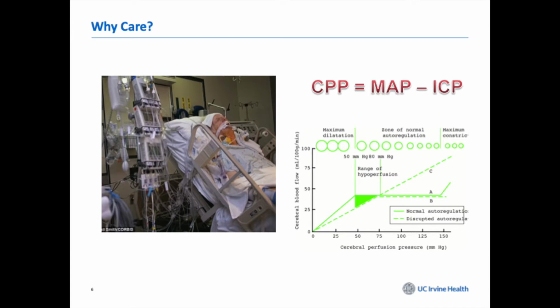So over a range of perfusion pressures, you have a stable blood flow getting to the brain. So when we stand up, our blood pressure drops a little bit. When we sit down or lie down, it may go up a little bit. If we didn't have this autoregulation, every time we stood up, we'd pass out, because you suddenly drop pressure across the brain. So it takes that into account, and it works to even those out.